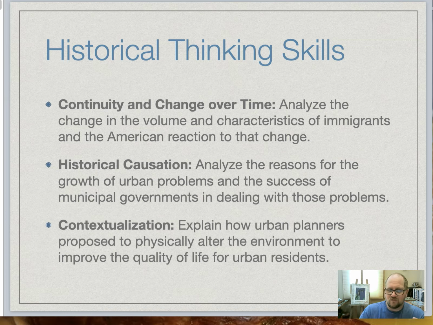So it's sort of like this will piggyback right into our next unit, which is going to be focusing on this Progressive Era. Also contextualization, explain how urban planners propose to physically alter the environment to improve the quality of life. So the massive building project that went into this time period from the Gilded Age into the 1920s.